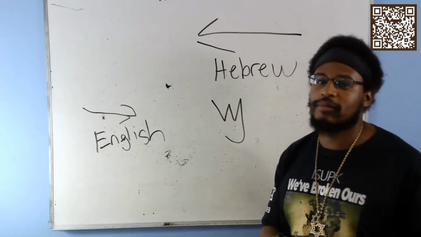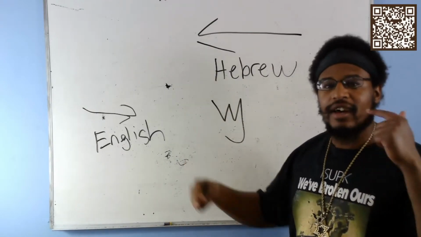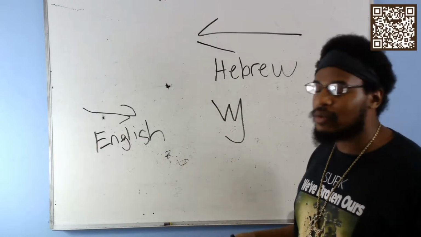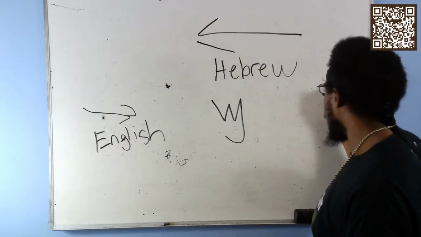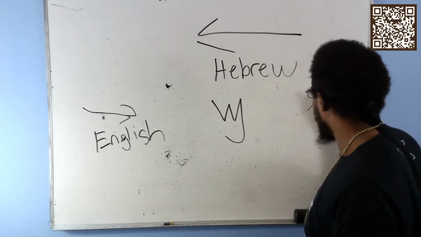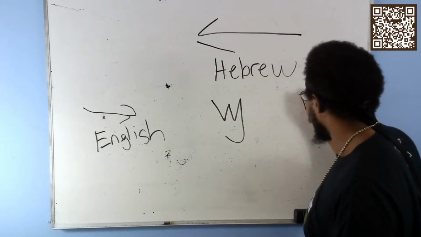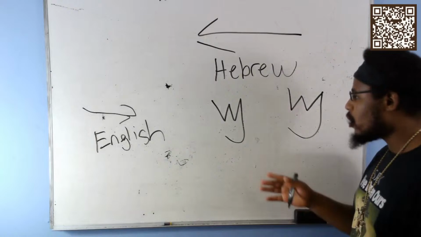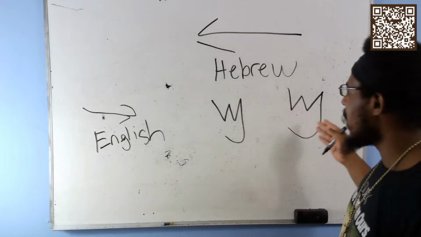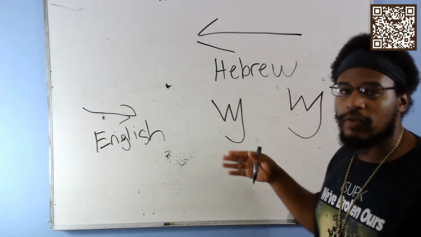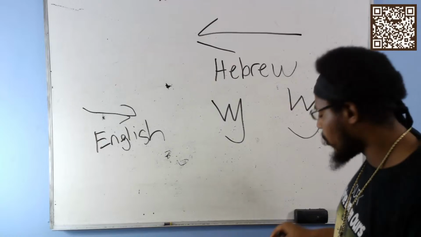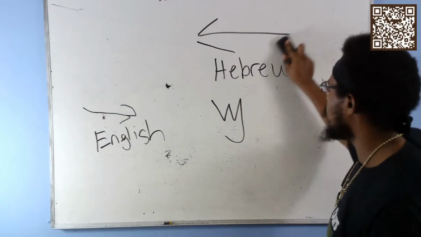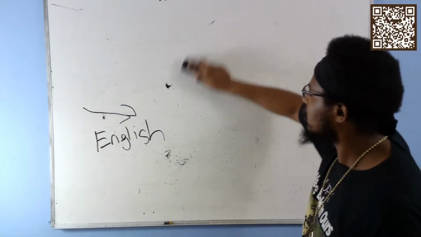But a pro tip, to stay in the spirit of our language, would be to write it out from right to left. It's going to be the same character, but we write our characters themselves from right to left. So that's just a pro tip, so we can get more in the spirit of our own language.